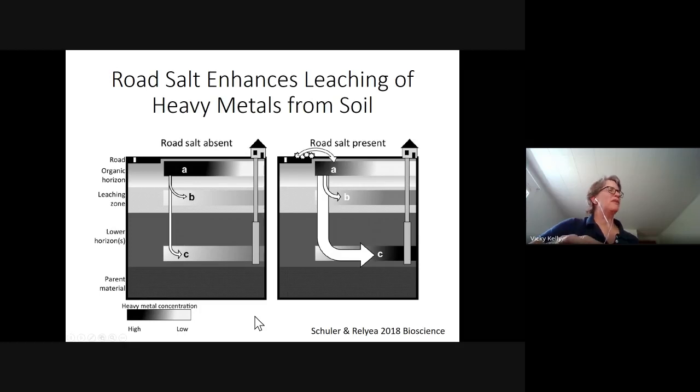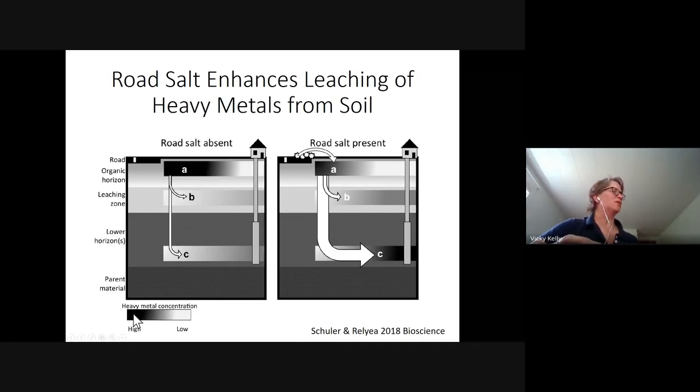It's a diagram that illustrates how road salt causes the leaching of heavy metals into groundwater. I want you to focus just on the diagram on the left where road salt is absent. This is a cross section of a piece of land, and here's the road.